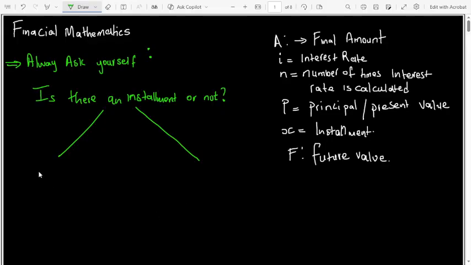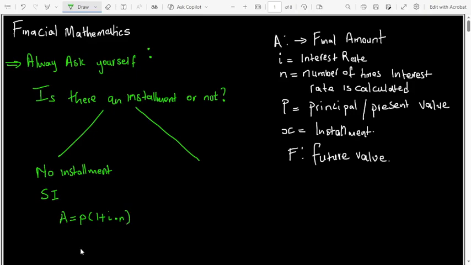So let's say that there is no installment. The formula that you use is simple interest, and the formula for simple interest is A equals P times (1 plus I times N).